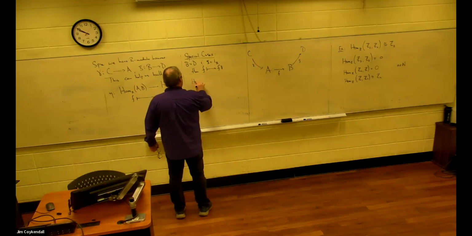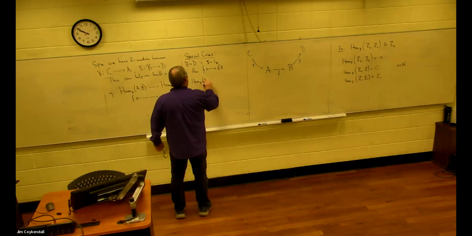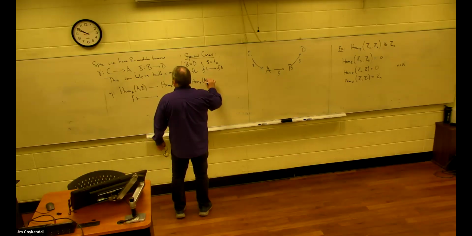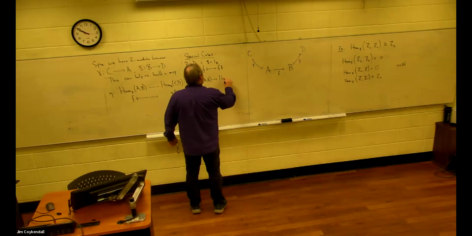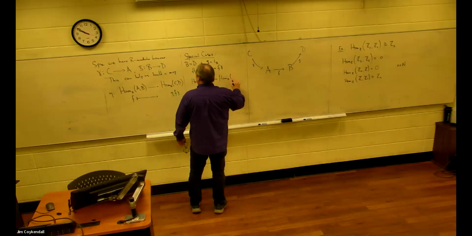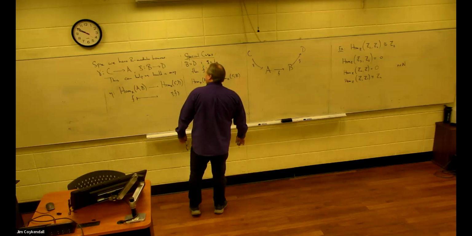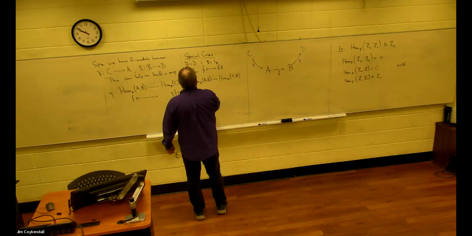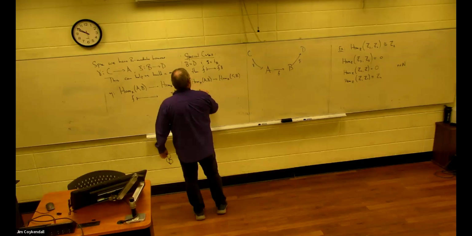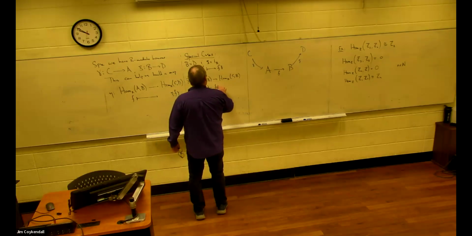So we have Hom_R(A,B) to Hom_R(C,B). This is called gamma bar, or gamma bar of F is F gamma.